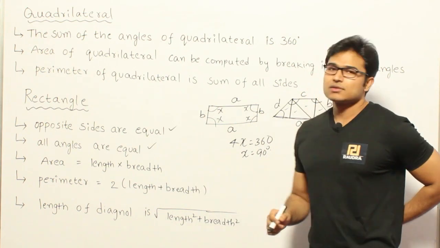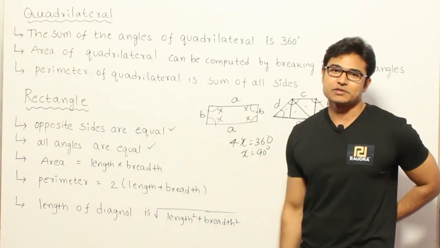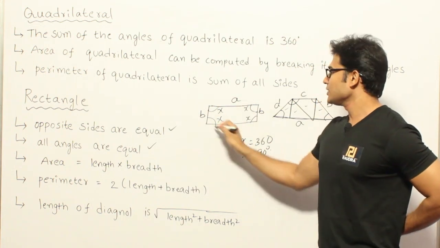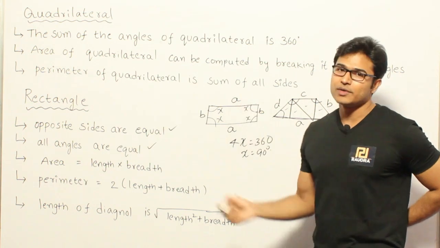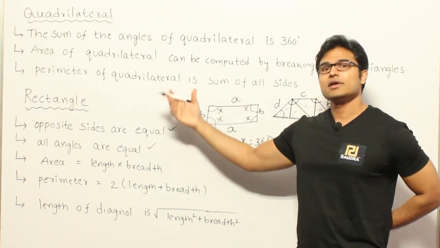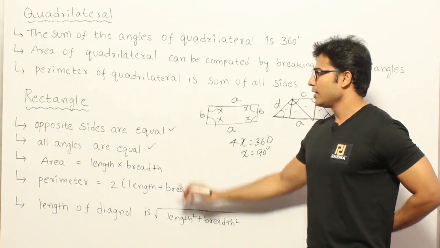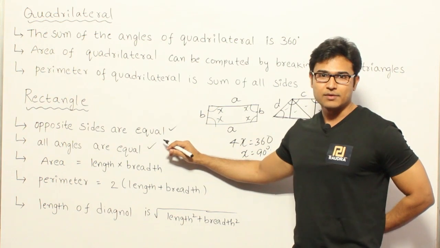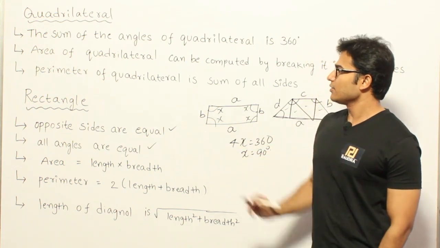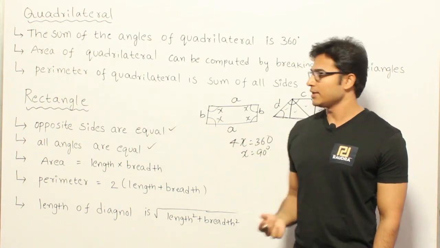A square will also satisfy these two definitions. Why? In a square, all the sides are going to be equal. Therefore, opposite sides are definitely going to be equal. So every square is a rectangle, but every rectangle need not be a square. Again, we shall see about a square later. For now, we don't discuss the square here. So these 2 points are required to be satisfied for a quadrilateral to qualify as a rectangle.